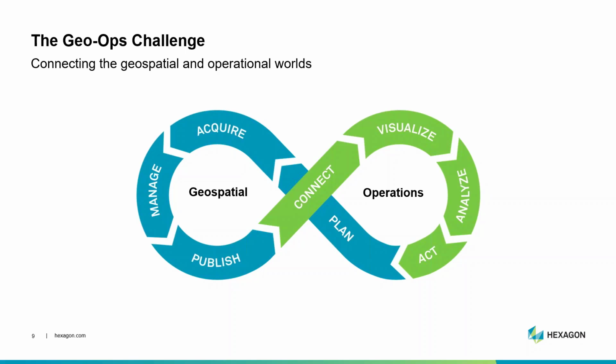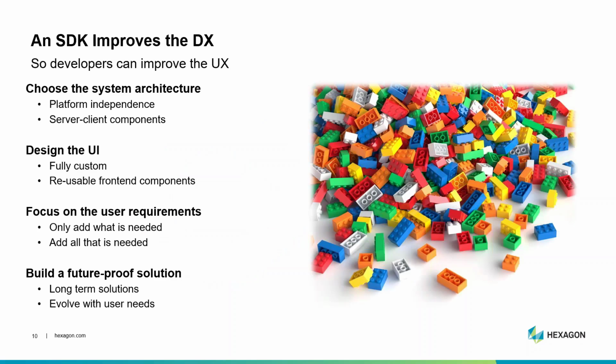And that is where the SDKs come in, the software development kits that improve the developer experience to integrate such complex features like geospatial expertise into the applications, so they can focus on improving the user experience for the end user.